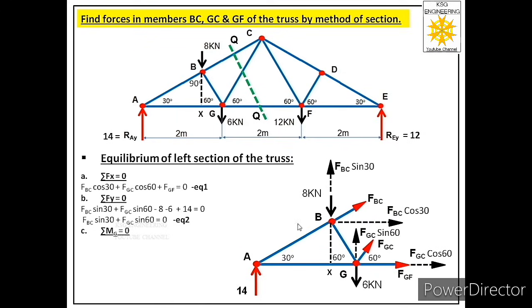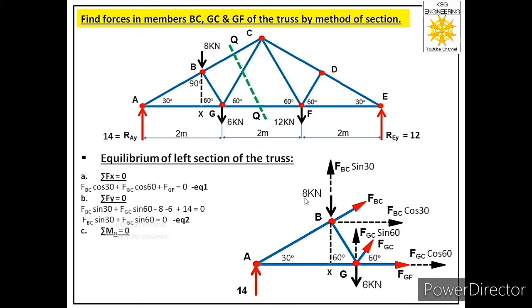Now let us observe moment because of 8 kilonewton force about joint G. This force will generate anti-clockwise moment, so we have to consider that as positive, and its magnitude will be 8 into xg, and we have calculated value of xg as 0.5.